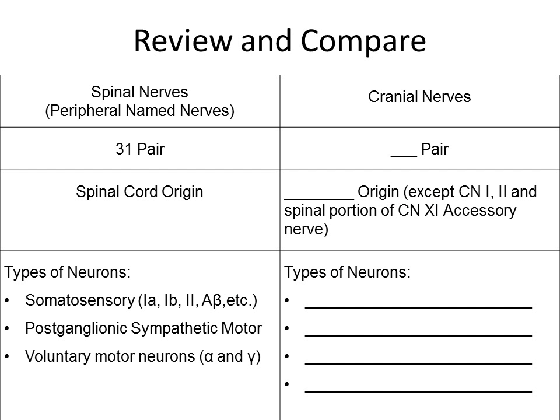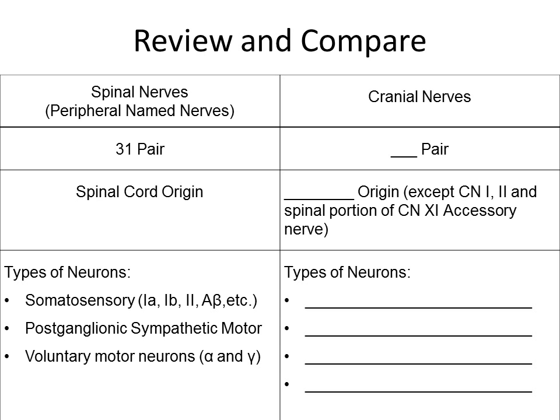Now let's review and compare our spinal nerves with our cranial nerves. In the last box here, where we have our types of neurons, I'm going to be specifically referring in the spinal nerve column to those named peripheral nerves that you learned last semester.